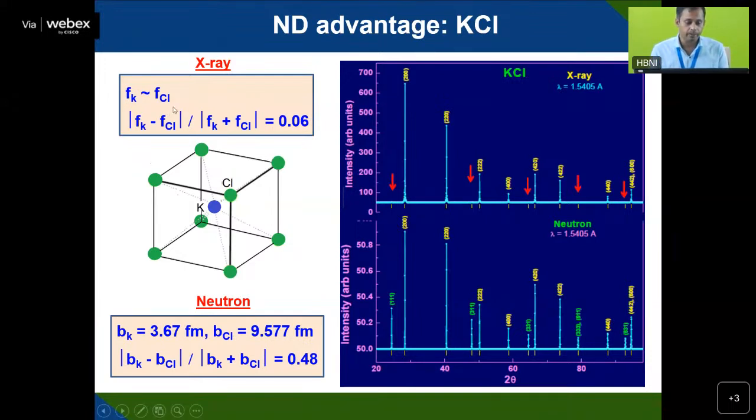If you see f_K minus f_Cl divided by f_K plus f_Cl for X-ray, it is 0.06, very, very low, where these are almost equivalent. That's the isoelectronic case, because of electron dependence. But in neutron, the scattering length of potassium is 3.67 fm, while that of chlorine is 9.5, so this difference ratio is 0.48. Being such a large difference, you are able to see the one peak which is absent in the case of KCl in XRD. So in neutron diffraction, you can see those particular peaks.